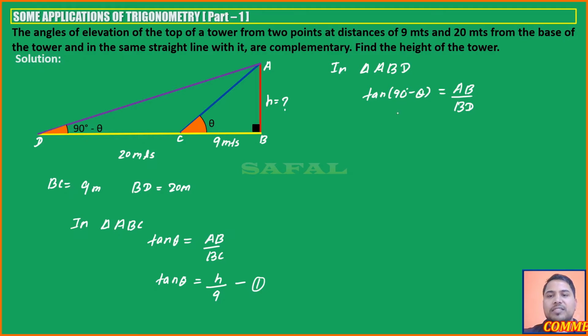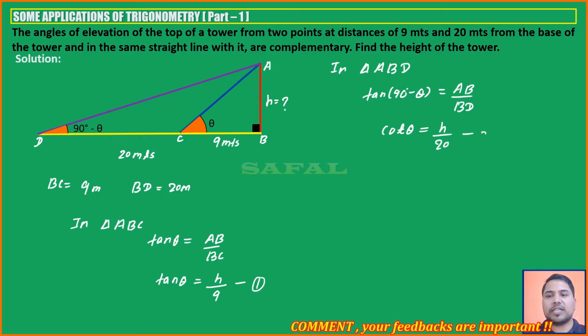Now we know that tan 90 minus theta is basically cot theta. We have studied this in the Introduction to Trigonometry chapter. So I can write cot theta equals AB, that is h, by BD, that is 20.